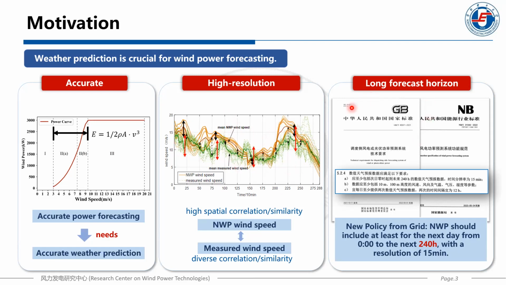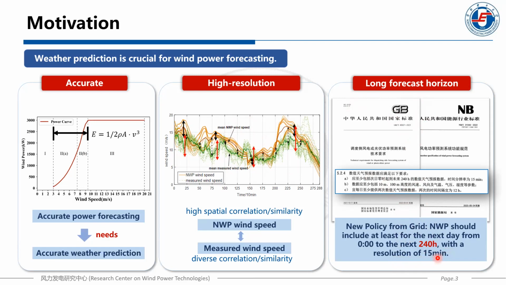And also, under the new policy from the Chinese power system, the forecast horizon is raised from 1 day, 3 days ahead to 10 days ahead, and also with a resolution of 5 minutes.